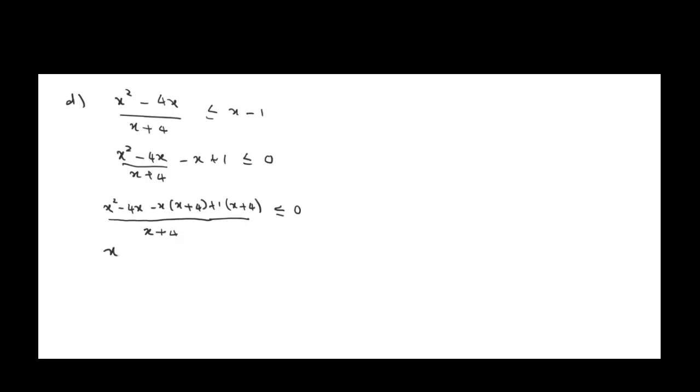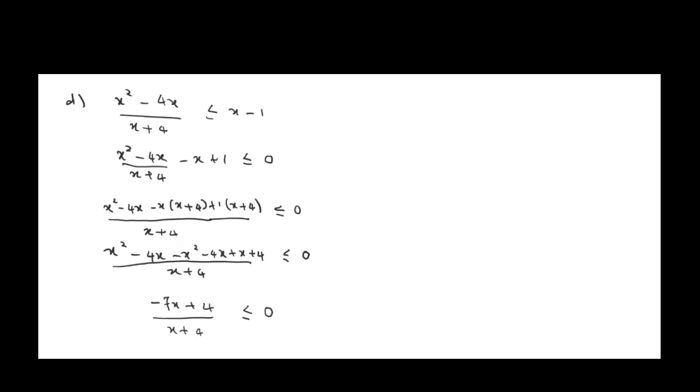So we have x squared minus 4x minus x squared minus 4x plus x plus 4 divided by x plus 4 less than or equal to 0. When we simplify the numerator, we have negative 7x plus 4 over x plus 4 less than or equal to 0.